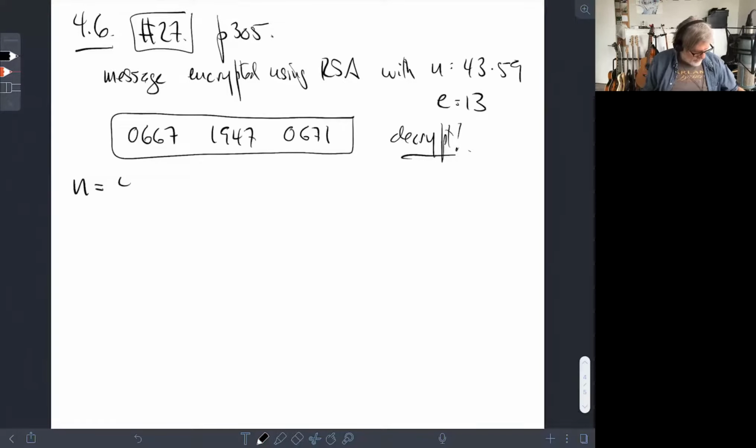So n is 43 times 59. These are primes p and q. Now, of course, in real RSA, you don't take these little baby primes. You take humongously big primes. That's the point. Oh, by the way, you have to go and see that video.